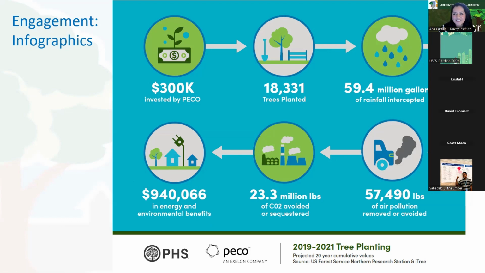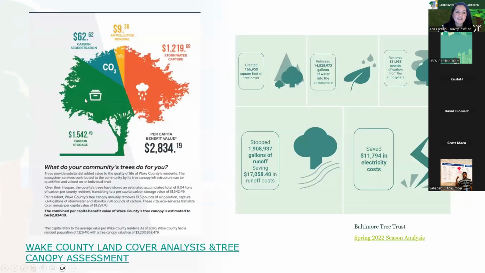Especially for an energy company, it's a good investment to say that the money they spent on planting trees for the community would return that much back in benefits for that same community. So this is another example here on the left, from a Davey company that did this assessment of canopy cover in North Carolina. And I thought it was unique the way that they parsed out the benefits per person, so per capita.